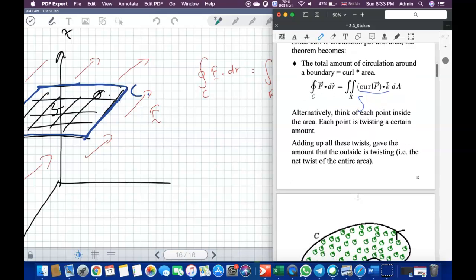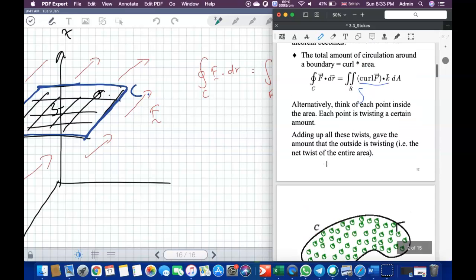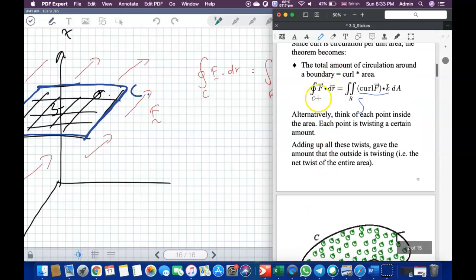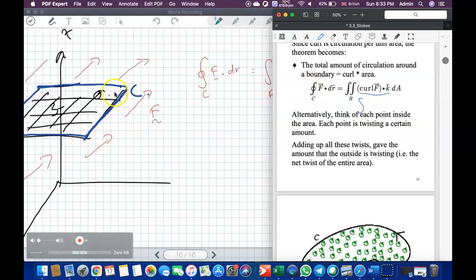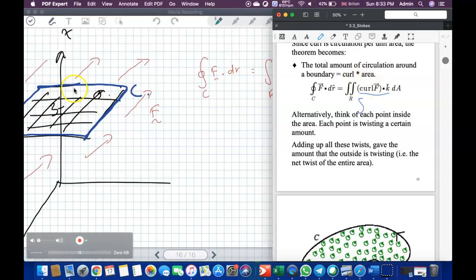If you look at our previous discussion on Green's theorem, we are actually computing the circulation. From Stokes' theorem, the total circulation along the curve C is the same as the total circulation inside the surface sigma.